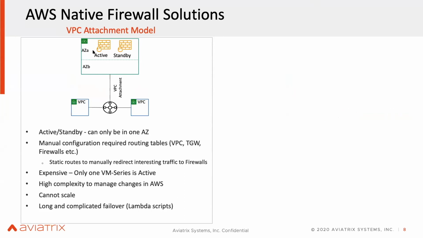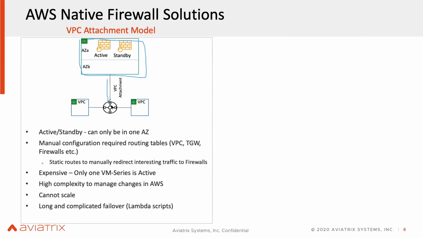So that's one limitation. You are paying for the licensing for both firewalls, and also the instance cost, but you are getting performance only from the one firewall which is active at a time, right? Again, the configuration is also manual. But the good thing is that since they have this concept of TGW, you can attach this VPC with this AWS TGW, and you get about 50 gig of throughput.